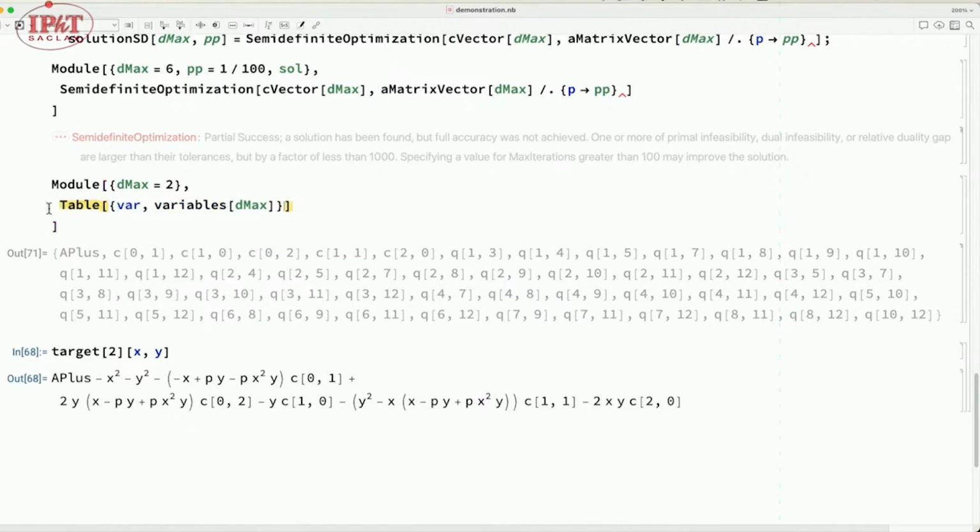where we scan over variables, and we say that, no, actually, let's do it. Let's just scan over integers from 1 to the length of variables.